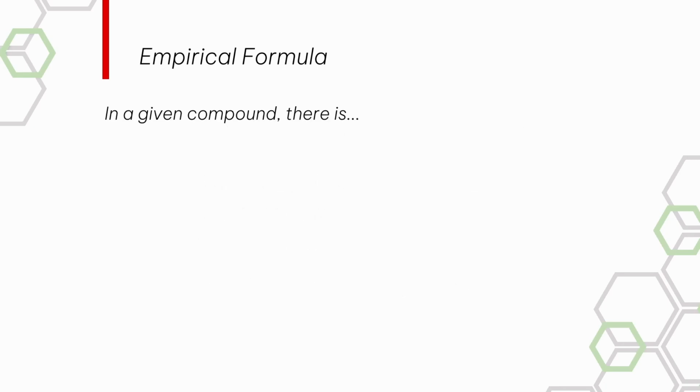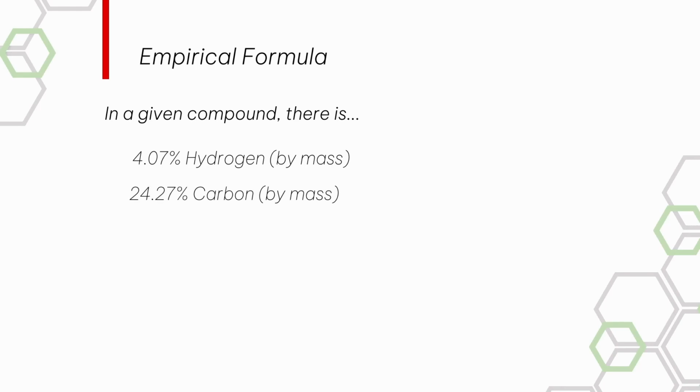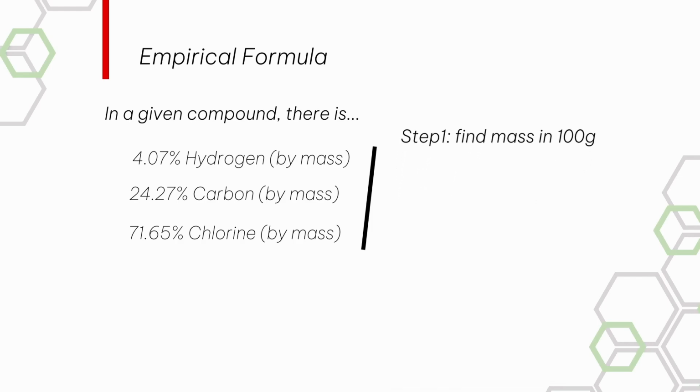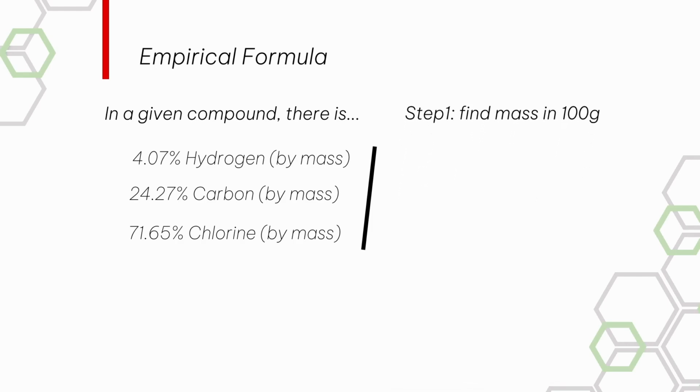Suppose the compound has 4.07% hydrogen, 24.27% carbon, and 71.65% chlorine, which we have found out after doing some experiment on that compound. Now if we take 100 gram of that compound, then 4.07 gram of hydrogen, 24.27 gram of carbon, and 71.65 gram of chlorine will be present in it.